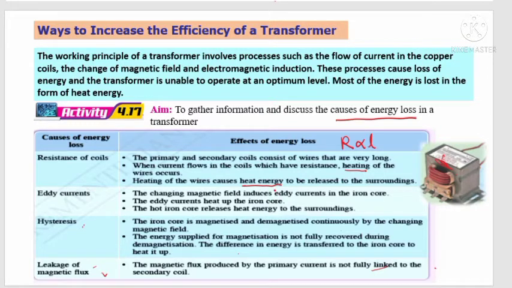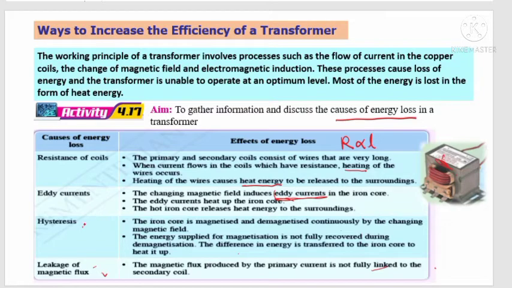The small current is known as eddy current. Eddy current will cause the iron core to be heated up or become hot. Thus, the heat energy will be released to the surroundings. So this is one more way of energy loss to the surroundings.